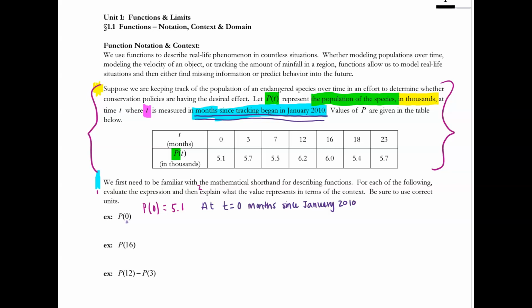And then again, what is P? Because we basically want to say P equals 5.1 at that time. So go back to the problem. P is the population of the species. So I'm going to say the population of the species. And the tense doesn't matter. You can say is or you can say was. I'm just going to say is.